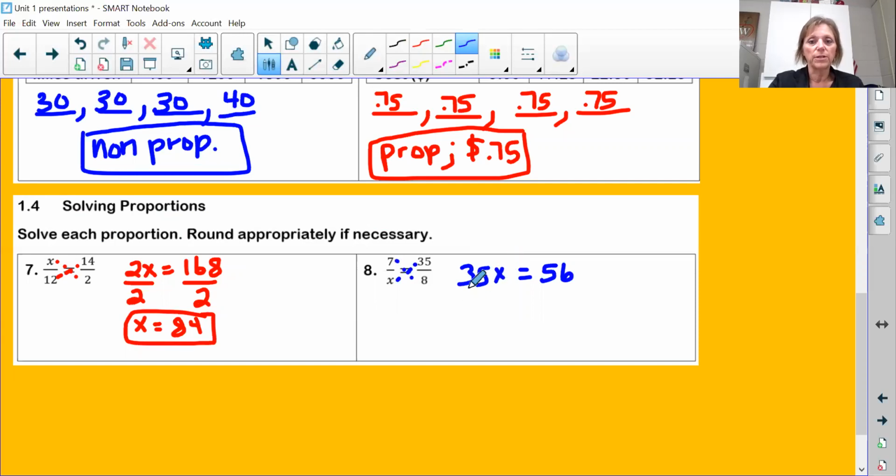The opposite of multiplying by 35 is dividing by 35, so I'm going to put my fraction bars. 56 divided by 35 is 1.6. So x equals 1.6.